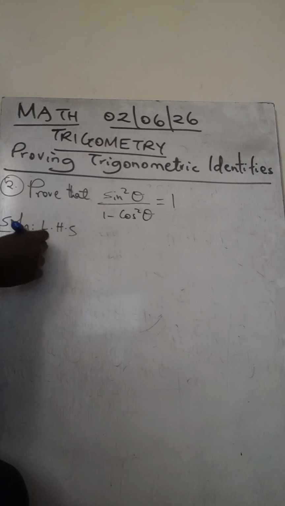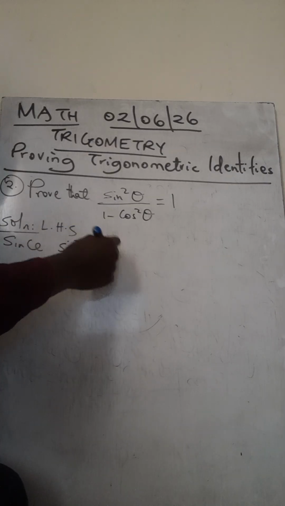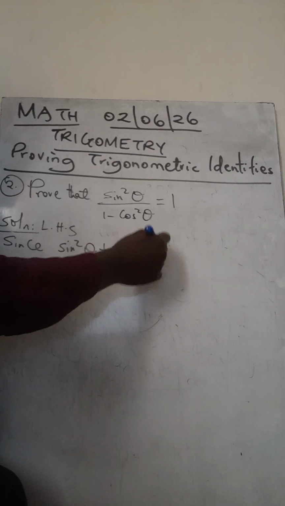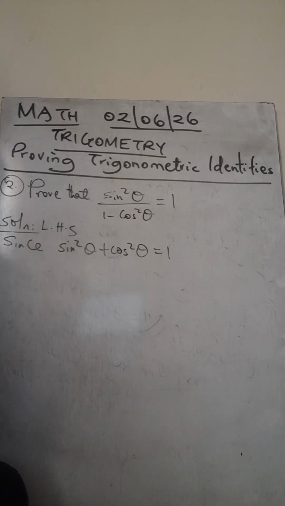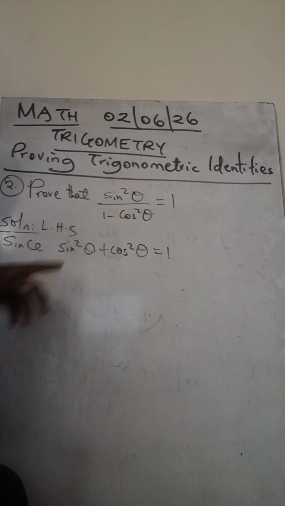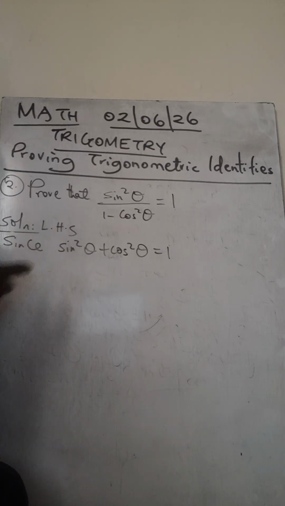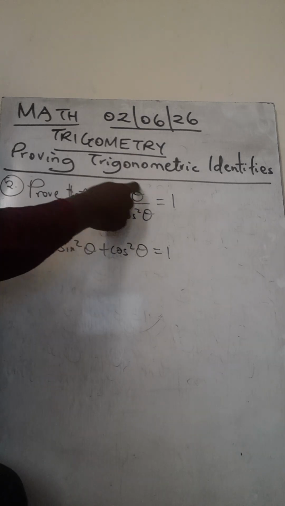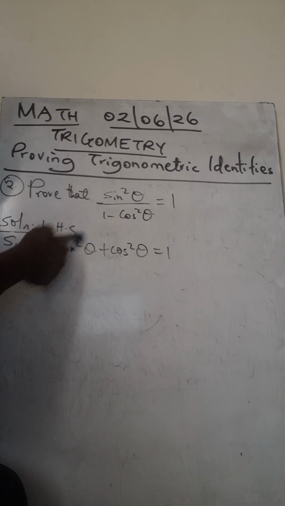Since sine squared of theta plus cosine squared of theta equals 1, that is an identity of trigonometry. That one we know. Sine squared of theta plus cos squared of theta equals 1. We can make this one the subject of the formula, because it looks the same.